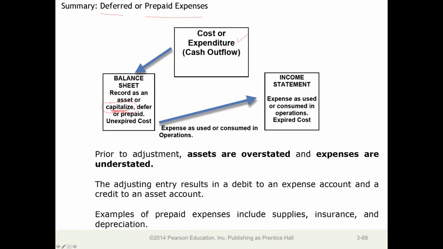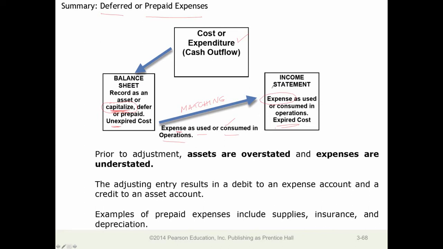It is deferred, an unexpired cost at this point. It has future service potential. As the asset is used or consumed in operations, it is expensed, and here we're matching with the revenues generated by the use of that asset, and therefore the expense hits the income statement.